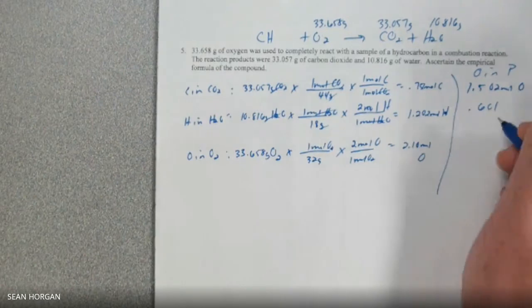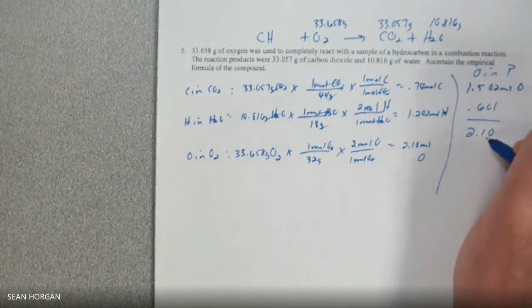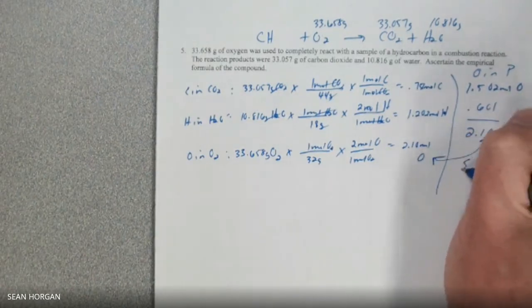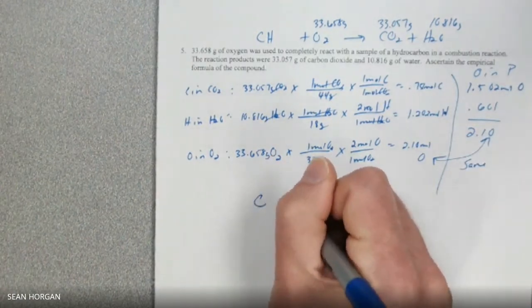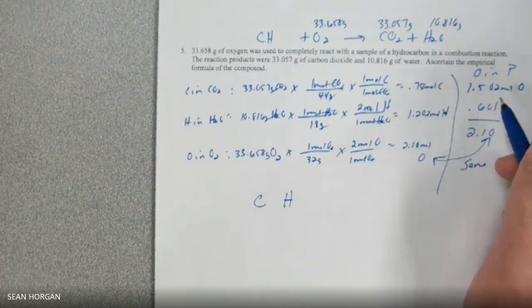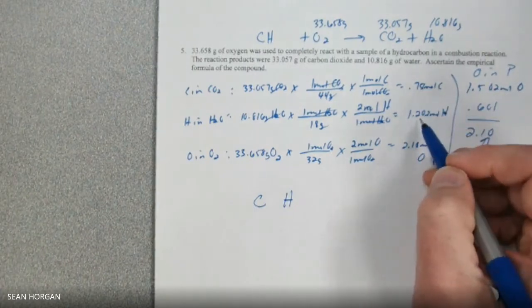And then when I add those up, I get about 2.10, which tells me these are the same. Which means I only have to worry about the C and the H.